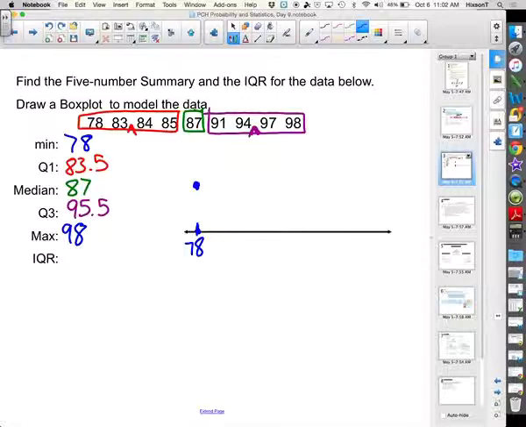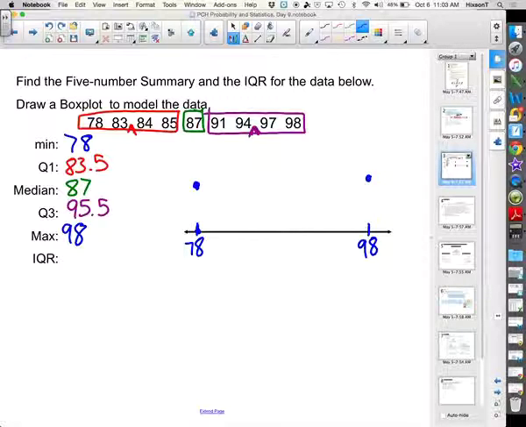okay? And then my max was 98, so I'm going to mark that on my number line. I'm going to put the point here. Then I need to construct a decent scale. So since there's a range of 20 here, probably going by 2s would be good.